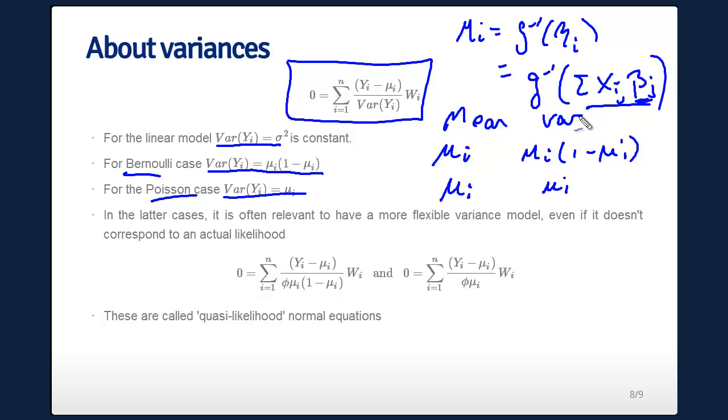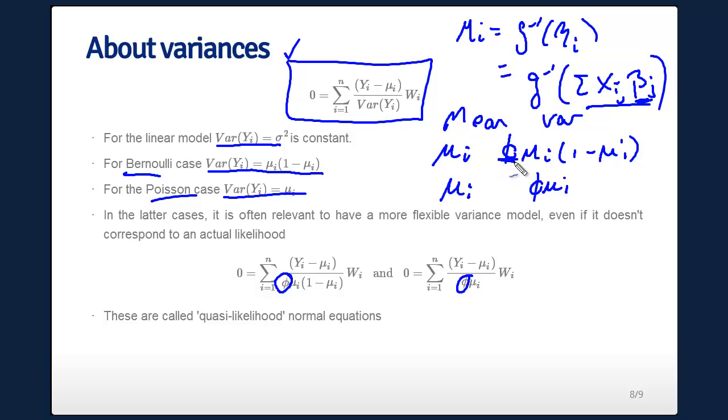And it's often the case that you need a little bit more flexible of a variance. So what people will do is they'll take these normal equations, and instead of solving them as they are, they'll throw this extra little parameter in there, phi. Right there and right there, and it just allows it. So it's sort of thinking of the variance as having an extra parameter.